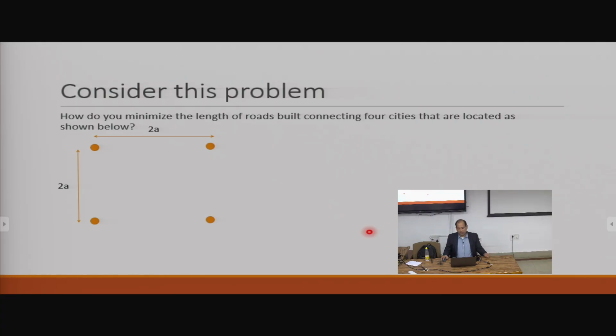Of course, you can complicate this problem by adding many layers, but even in the simplest form, if the size of this square was 200 miles, then you could easily be saving tens of millions of dollars with an optimal design.